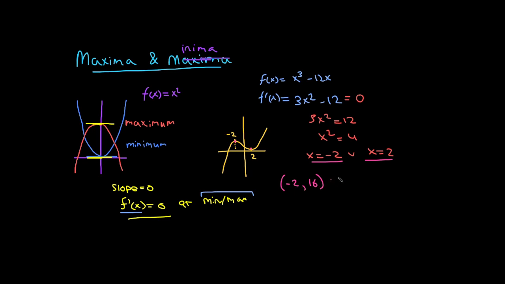So negative 2 and 16 is one extreme value, and the other is 8 minus 12 times 2, which is negative 16. So those are the two extreme values of this function.